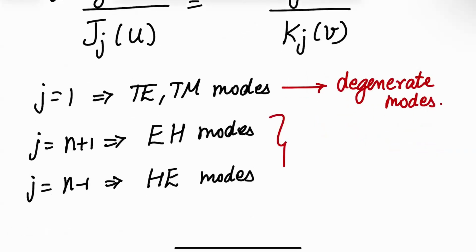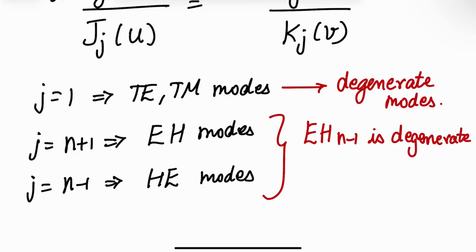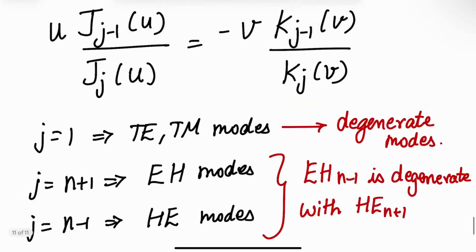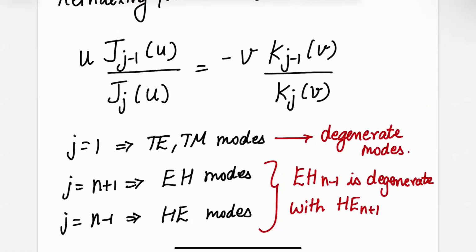Okay. Also note that EH n minus 1 is degenerate with HE n plus 1, right? Because maybe I should put a subscript n here and an n here. So HE, if I substitute n plus 1 in here, then that gives me j equal to n.